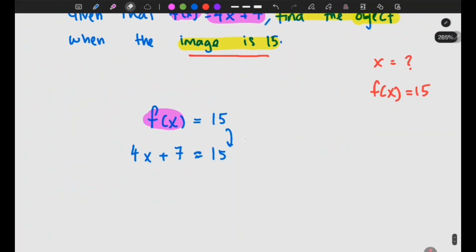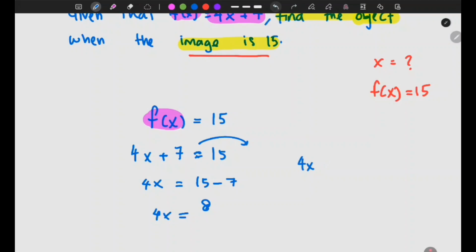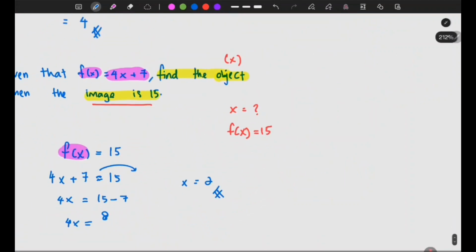Now you just have to find x. You take the 15 and bring the 7 over as minus 7. So 4x equals 15 minus 7, which is 8. Then x is 8 divided by 4, which is 2. So you got your x. Isn't it what they want? Your x is the object and you found it already.